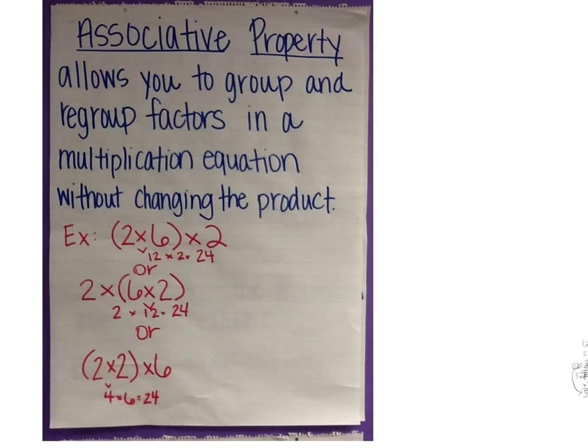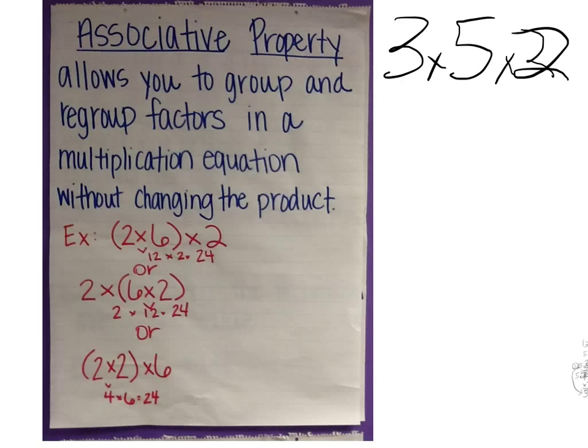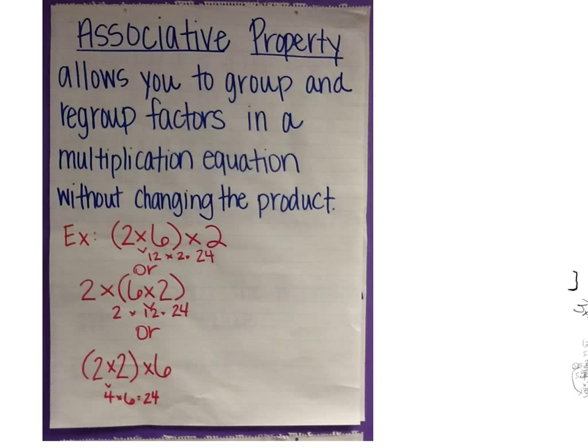We're going to do the same thing with the same numbers. But instead we're going to do 3 times 3 times 2.